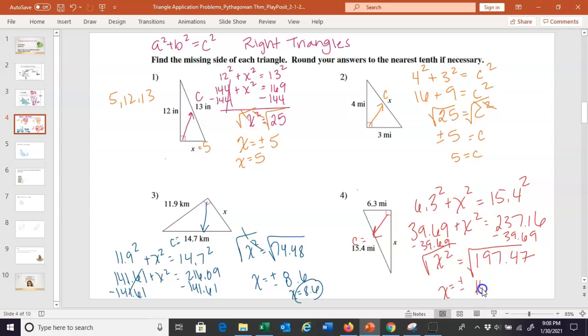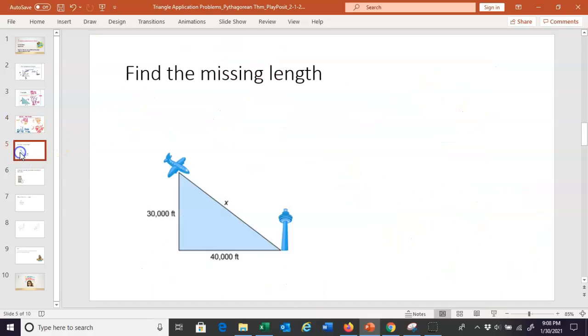Nope, 14.1. And X is the positive 14.1. All right, so that was just basically plugging those values into that formula and being able to solve for the missing side length. So let's see it apply to some real world applications.